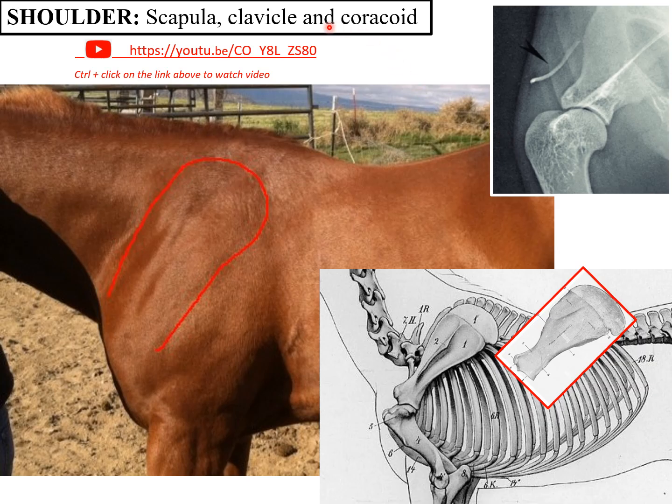Now, what about the coracoid? The coracoid also did not fully develop in a domestic animal. It is present as a vestige or remnant of the bone found on the medial surface of the scapula.